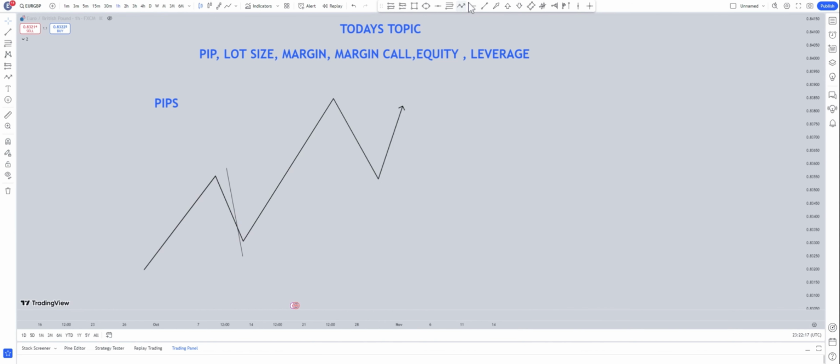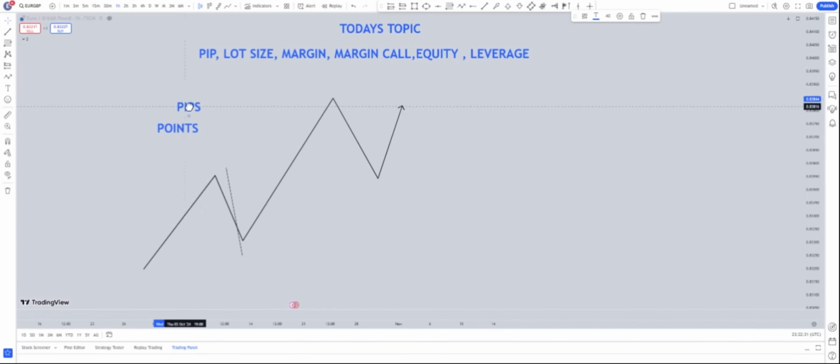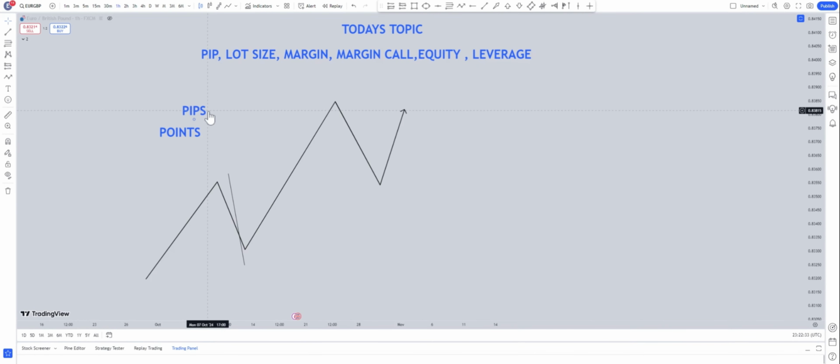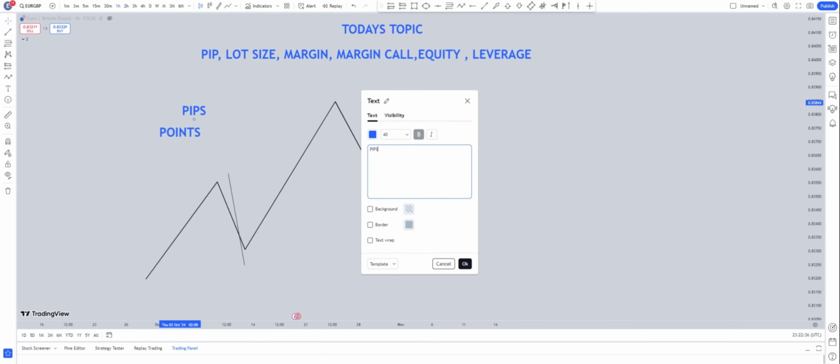Now, to get a pip is very simple. There's what we call points. Points is what creates pips. And to get one pip, we need 10 points.